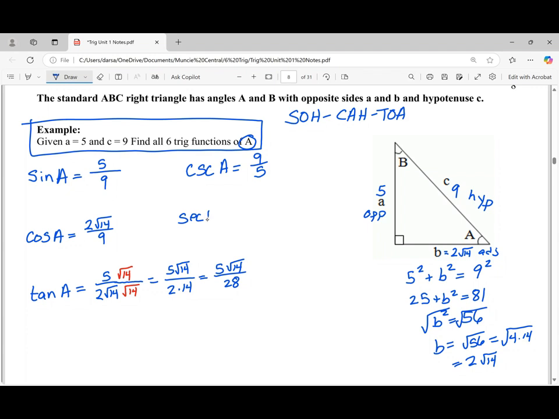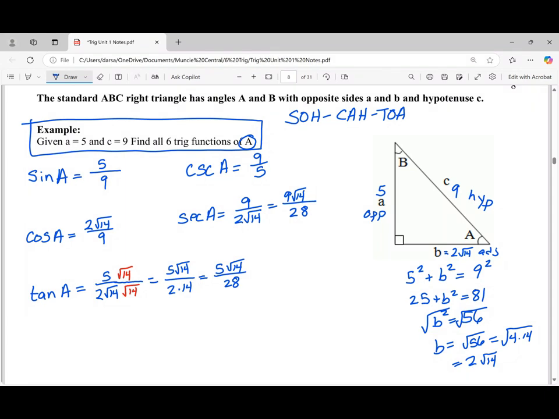Secant of A, we're going to take the reciprocal of cosine, but again, we're getting that 2 square root of 14 in the denominator. So since we've already done this once, remember what happens. The square root from the bottom goes to the top. That'll give us 9 square root of 14. And then the bottom is just going to become a plain 14 times our 2, which is 28. So we can rationalize that secant really quickly.